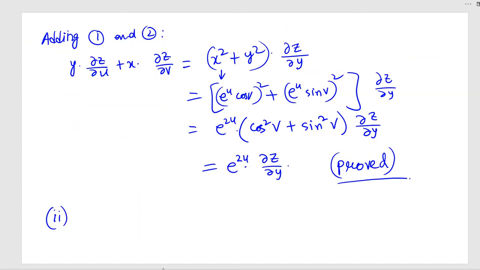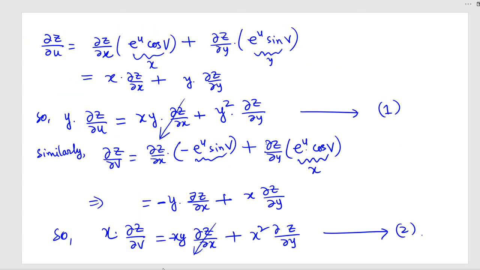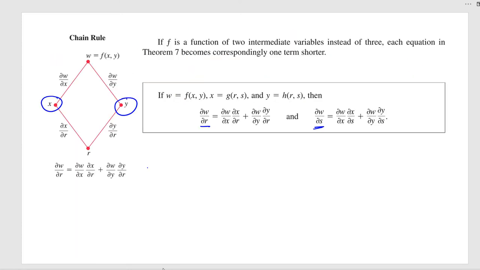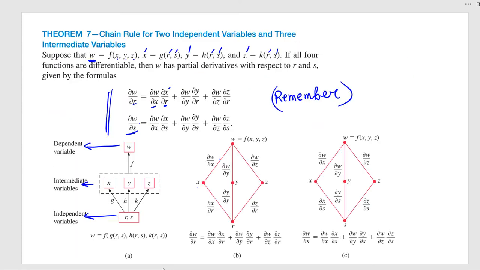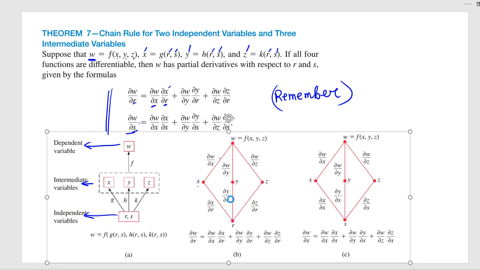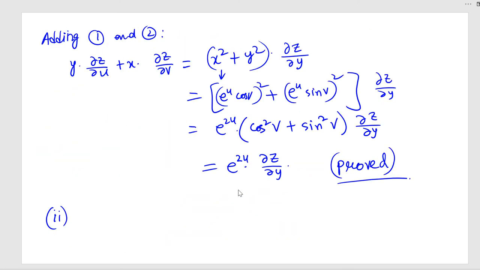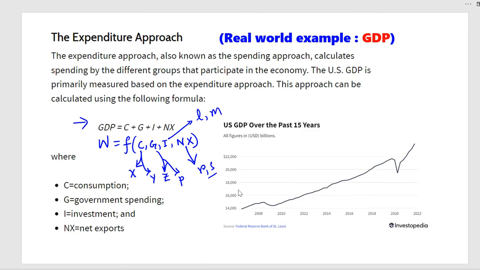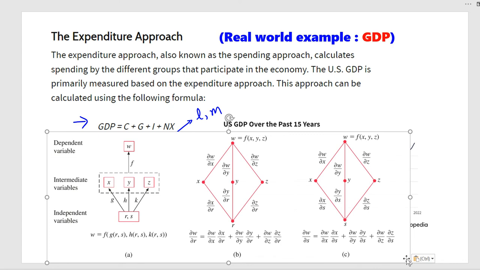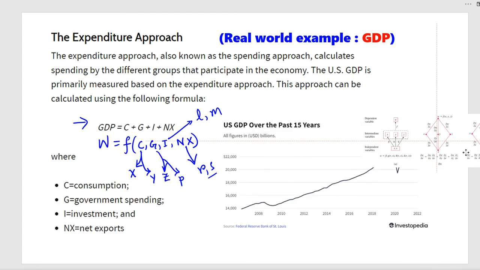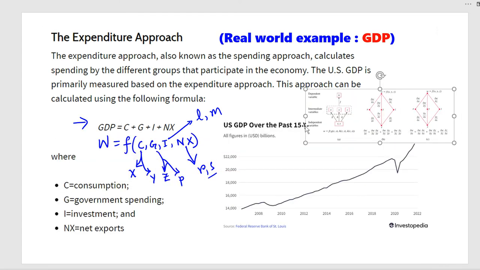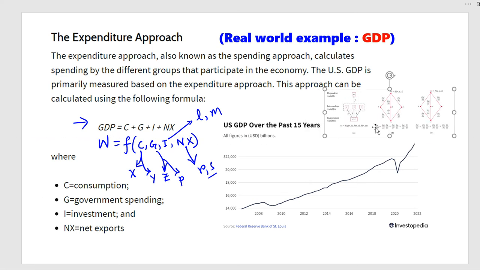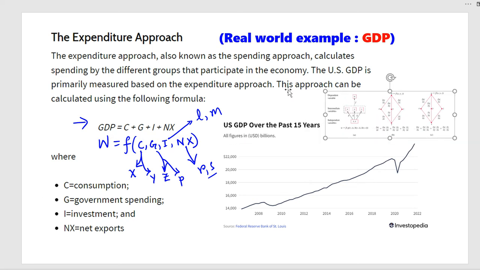Whenever you have a chain of functions, then the chain rule can be applied. These chain rules are actually applicable in the case of the GDP of a country.